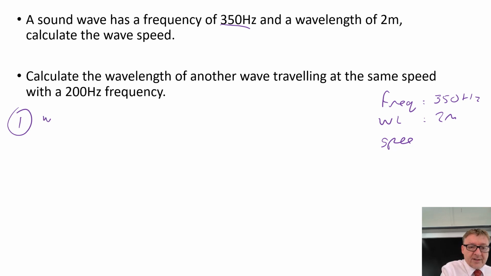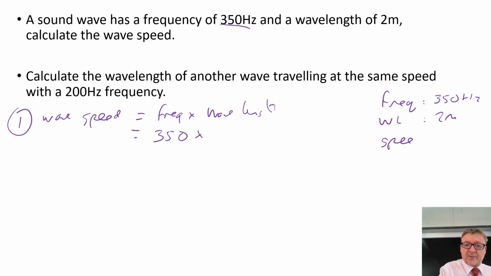So wave speed equals frequency times wavelength. So wave speed, frequency is 350, multiplied by wavelength, which is 2, that makes 700 meters per second. So for this first question up here, 700 meters per second.